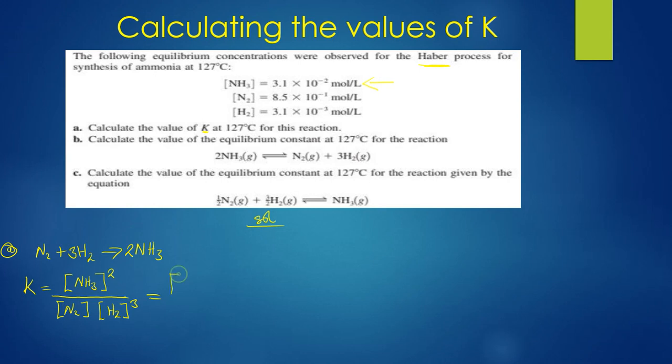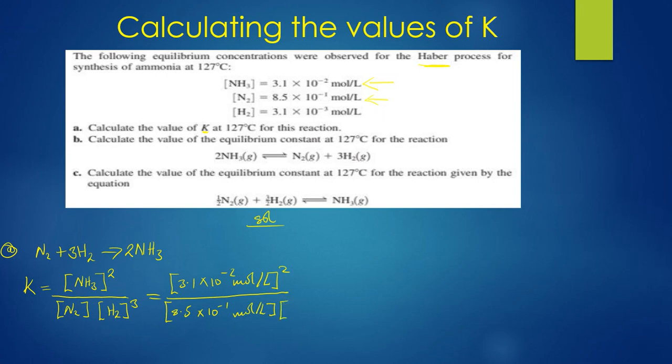For ammonia the concentration here on top is 3.1, so we're going to substitute 3.1 times 10 to the power negative 2 mole per liter, raised to power 2. And then nitrogen is given to be 8.5 times 10 to the power negative 1 mole per liter, raised to power 1.